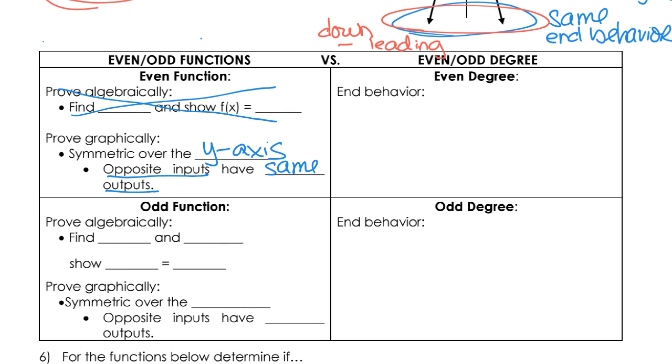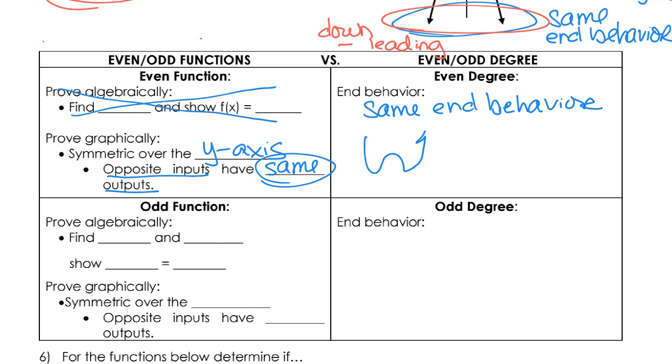Now we have to remember that even degree is somewhat related in that we use the word same, but even degree functions have the same end behavior, like in the question up above, whether both ends are going up or both ends are going down. So that's even degree versus even function.